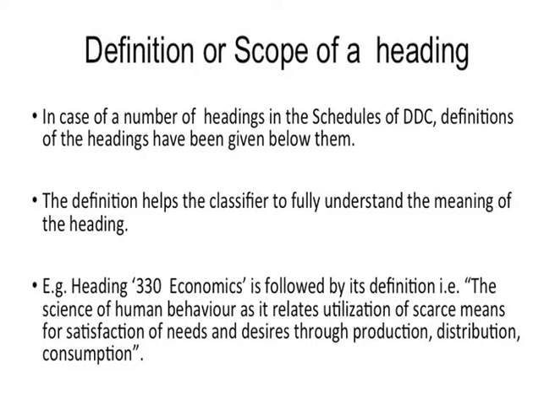The definition given by DDC is: the science of human behavior as it relates to utilization of scarce means of satisfaction of needs and desires through the production, distribution and consumption. This definition has been given for this heading.